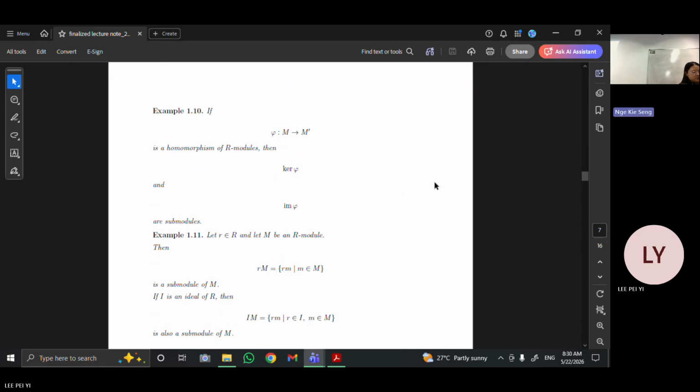So the next example, so an ideal is simply... next example, if phi is a module homomorphism, then the kernel of phi and the image of phi are submodules.